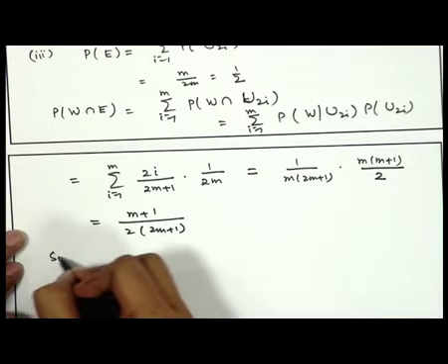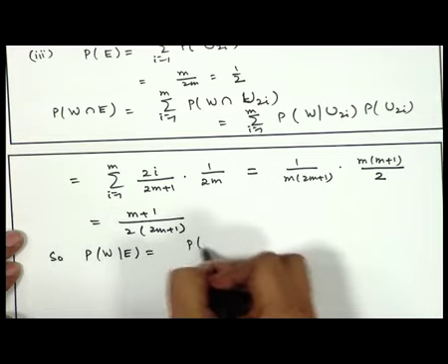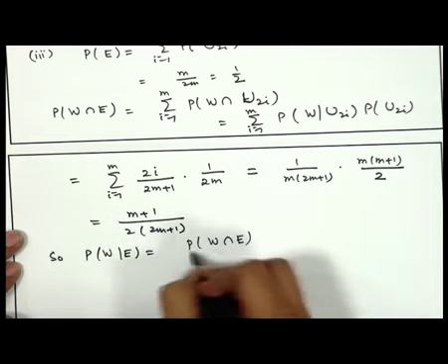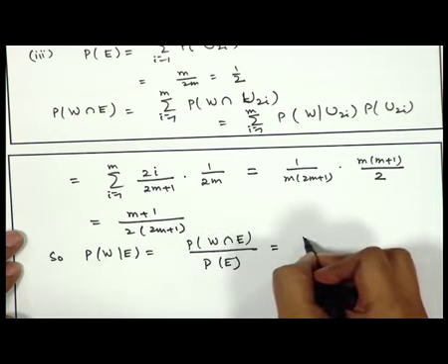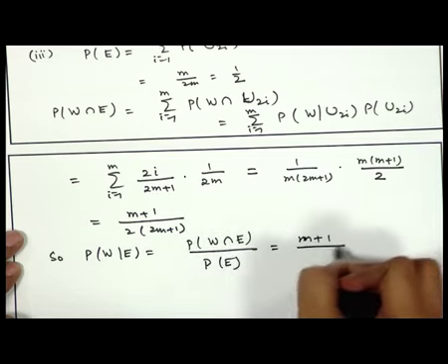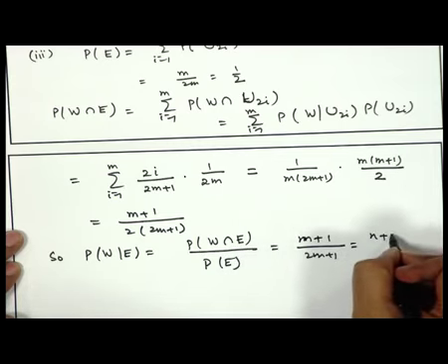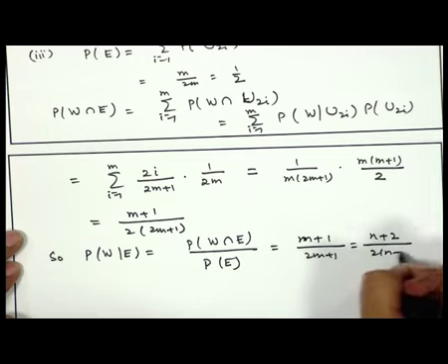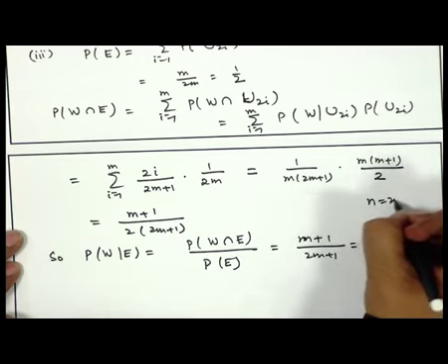So, if I calculate the probability of W given E, that is equal to the probability of W intersection E divided by the probability of E, which is equal to m plus 1 divided by 2m plus 1, that is equal to n plus 2 divided by twice n plus 1. I have put n equal to 2m here.